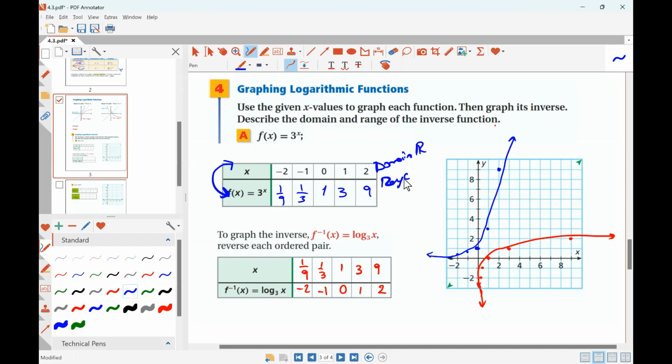Range is from 0 to infinity. Since I switched the roles of x and y, I will switch the roles of domain and range too. So my domain becomes the range of the exponential function, which is from 0 to infinity. My range becomes the domain of the exponential function, which is all real numbers.